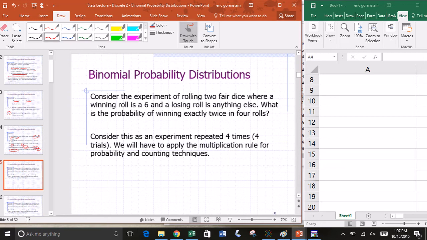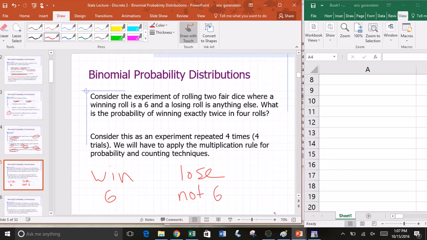You're rolling two fair dice, and we have two possible outcomes. We have win and we have lose. Rolling a 6 is a win, and rolling anything that's not a 6 is a lose.